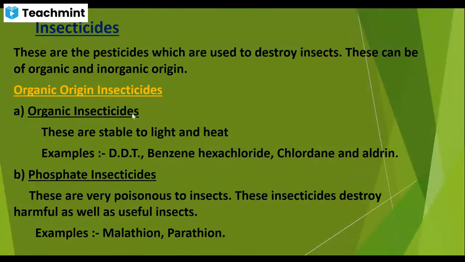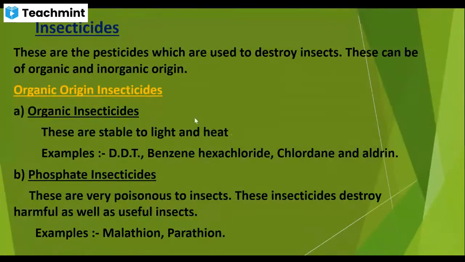These are organic insecticides. They are stable to light and heat. If you keep benzene hexachloride, chlordane, aldrin or DDT in light and heat, the heat will not affect these organic insecticides. So simply we can say they are stable to light and heat.